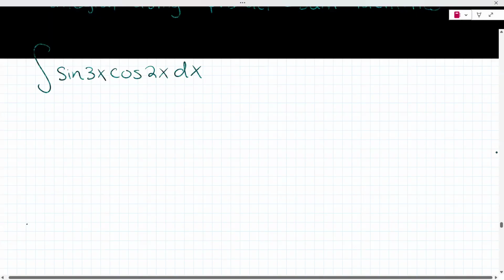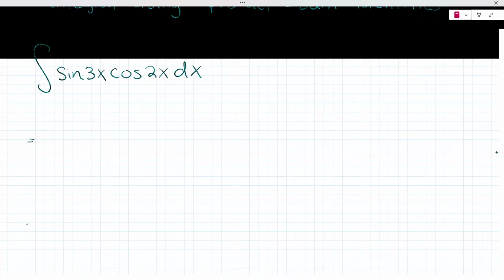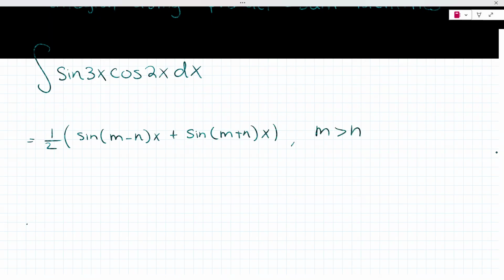So let's see. Rule 2 is going to be expressed as 1/2 parentheses sin of m minus n of x plus sin of m plus n of x, where m is greater than n.